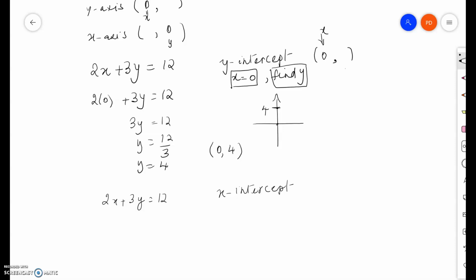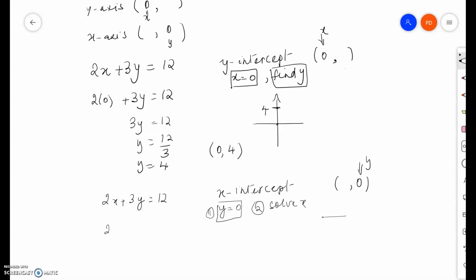On the x-axis, the y-coordinate is 0 because there's only horizontal movement. When you start at the origin, you're still on the x-axis if you've made horizontal movement and 0 vertical movement. So that's why we plug in y = 0 first, and then we solve for x.